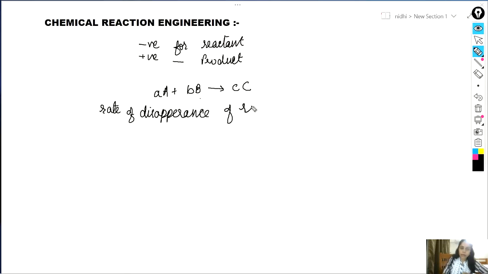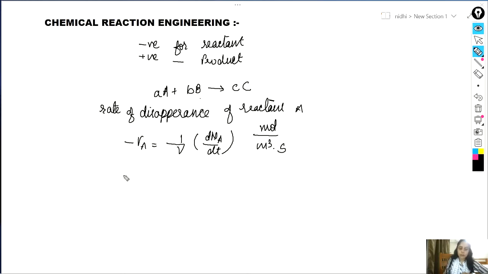So we can write the rate of reaction as minus RA equals minus 1 by V dNA by dt. And the unit will be mole per liter or meter cube per second. Where NA is the moles of component A, right? For a constant volume reaction system, V is constant.